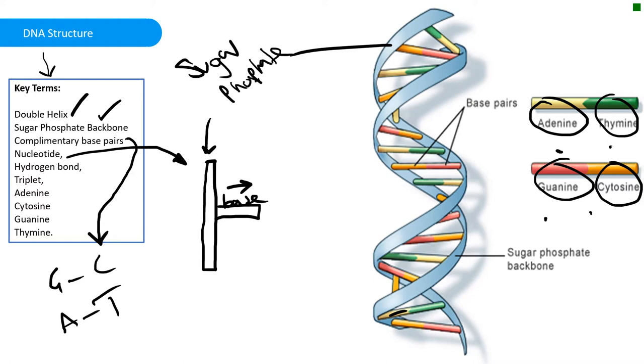Now, the join between the two bases, so where they join here and here and here and here, is formed by what's known as a hydrogen bond. So let's say this is also the sugar phosphate backbone, and we're looking at any point in this double helix.